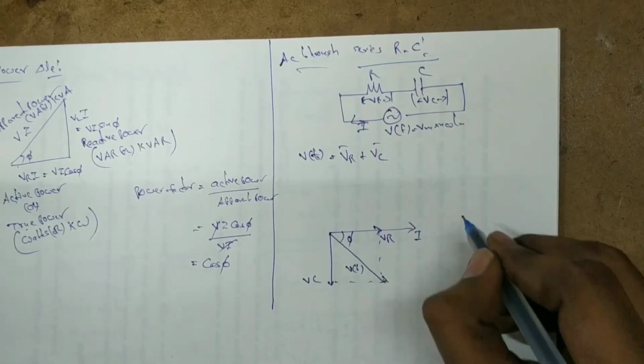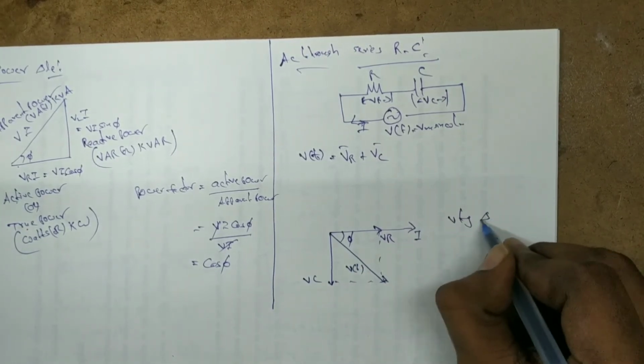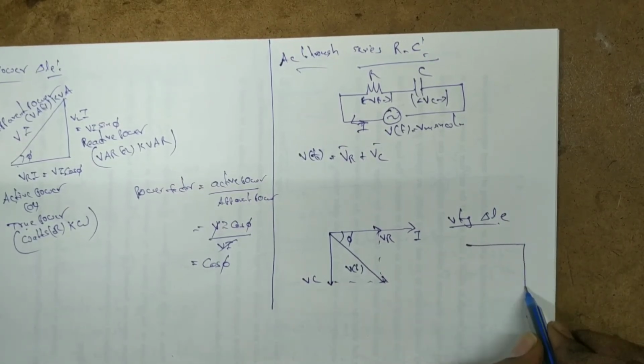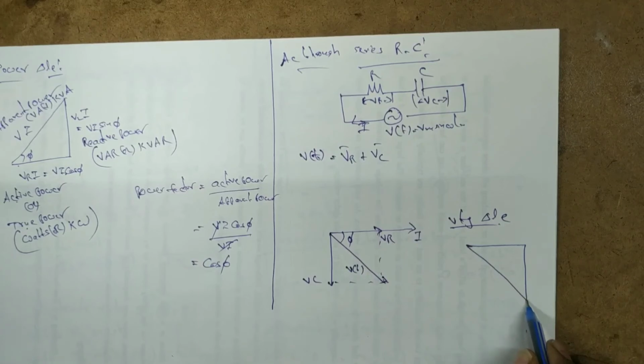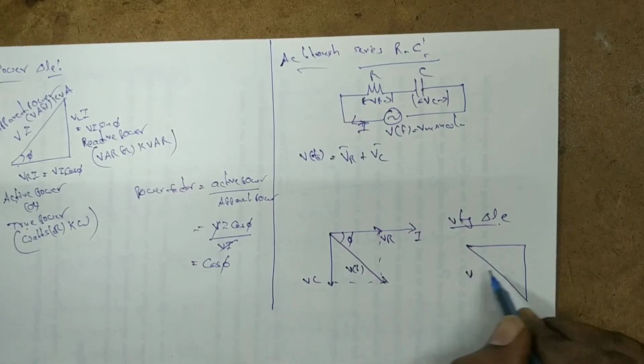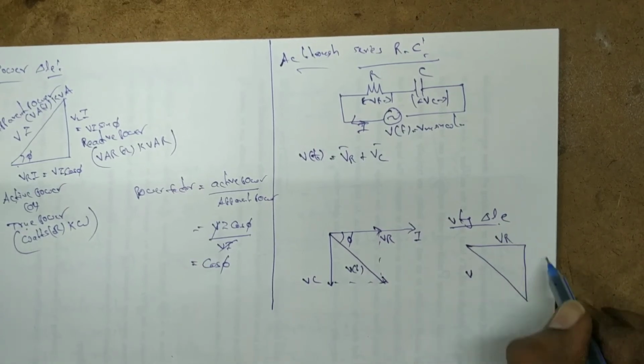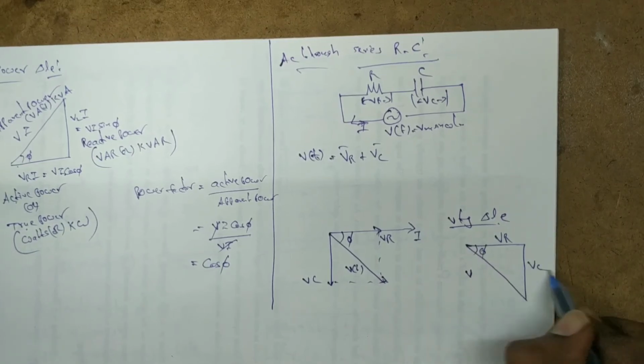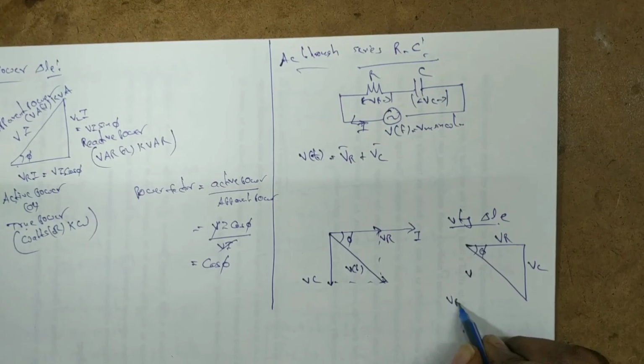In this also we will extract the voltage triangle, which consists of VR, VC and total V, with phase angle phi. So VR will be equal to V cos phi and VC will be equal to V sin phi, just like the RL circuit.